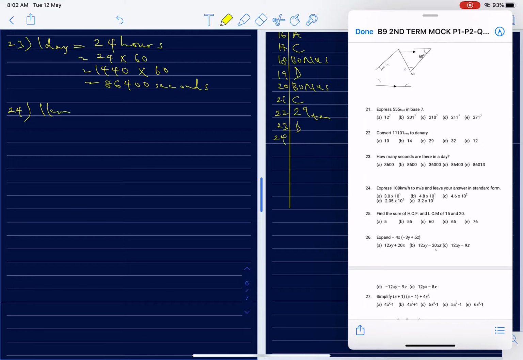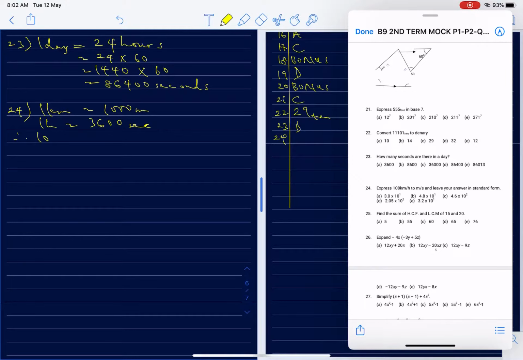1 kilometer is equal to 1,000 meters, and 1 hour is 3,600 seconds. So if you are changing from kilometers to meters, we multiply by 1,000, and if you are changing from hours to seconds, we multiply by 3,600.